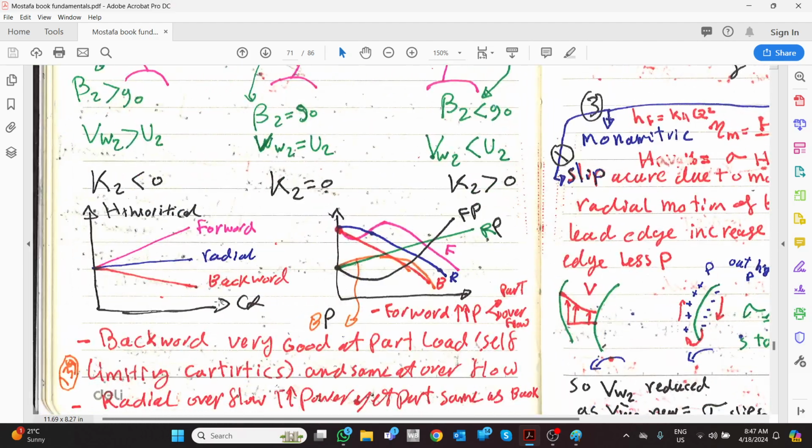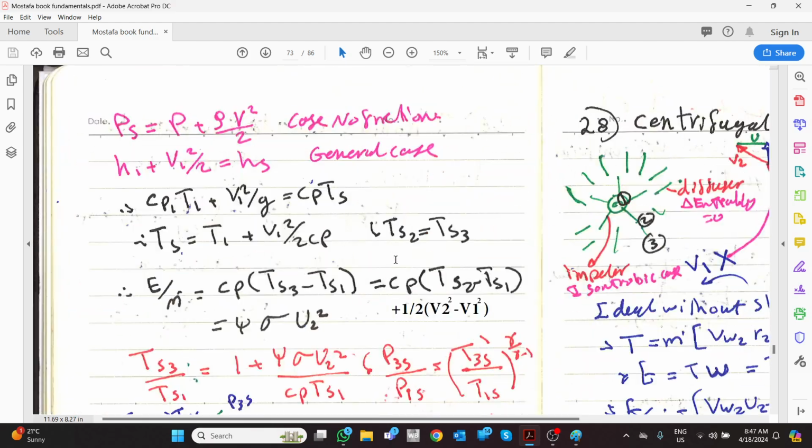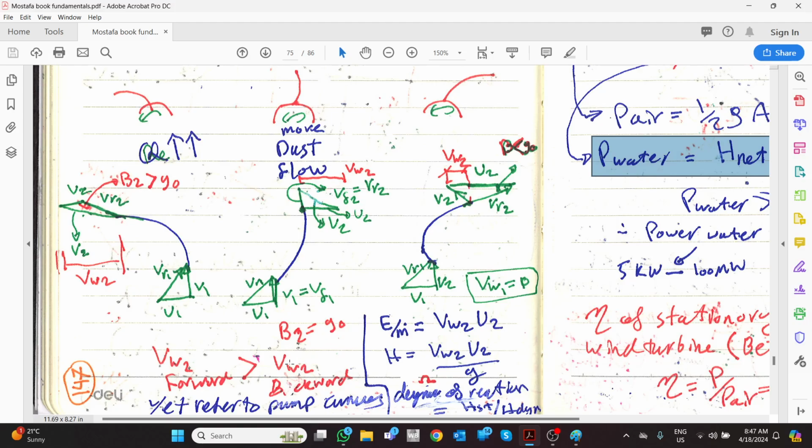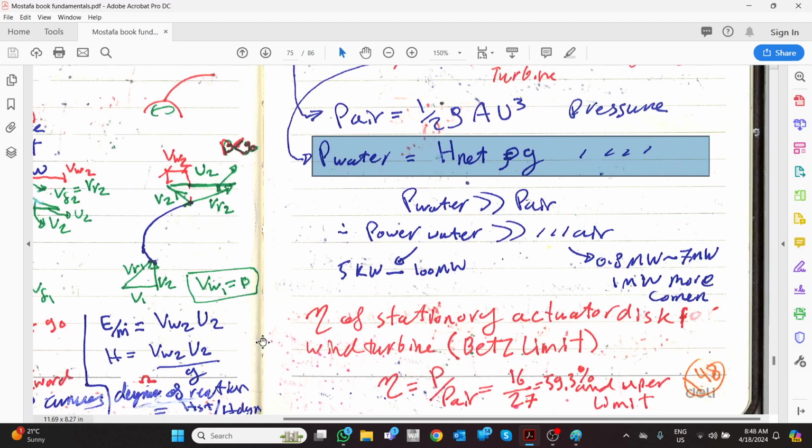Because of the whirling velocity, the curve is higher than the orange one. Yes, it is giving us more power. I'm going to repeat the same statements. But take care that it is not self-limiting, etc. It's part load and whatever. Okay.